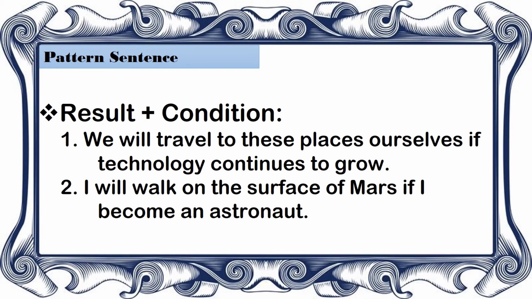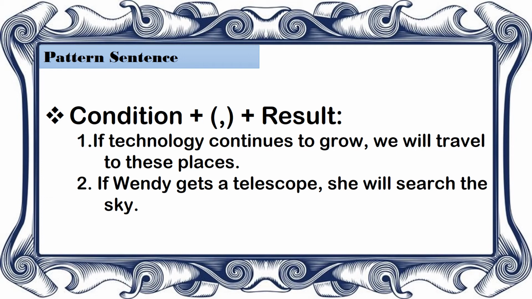The second pattern is condition plus comma plus result. Okay? So if it's result plus condition, there's no comma. But if the condition starts the sentence, or if the word if is the beginning of the sentence, there should be a comma before the result.